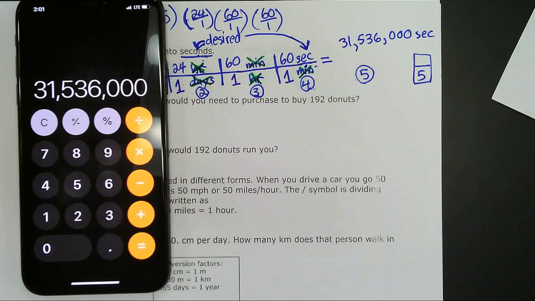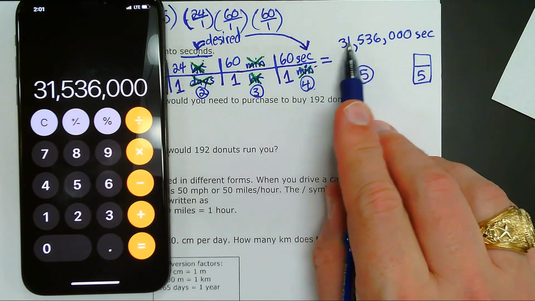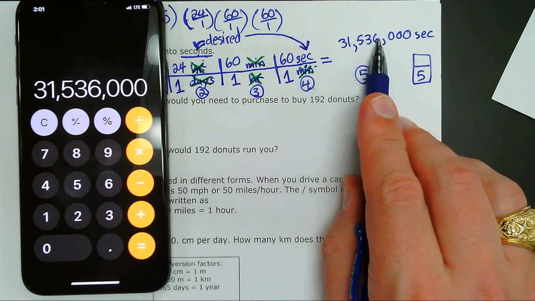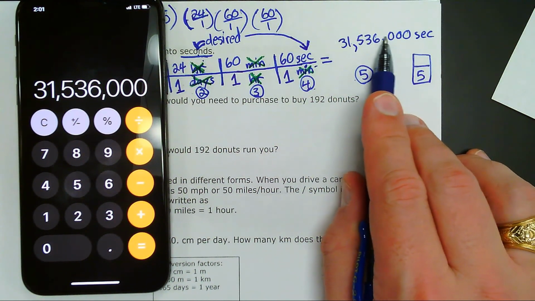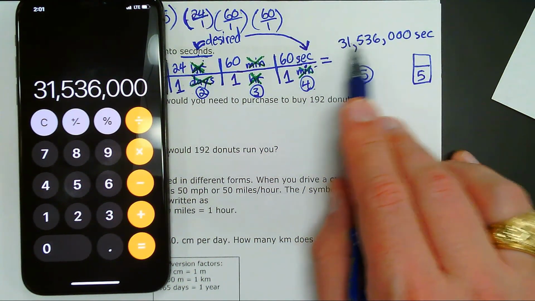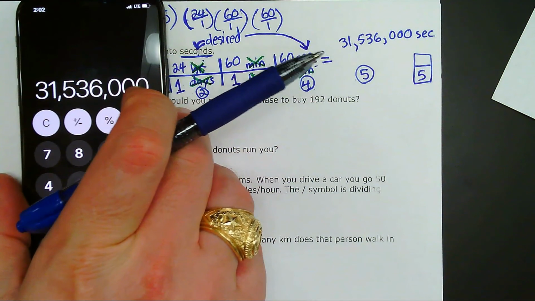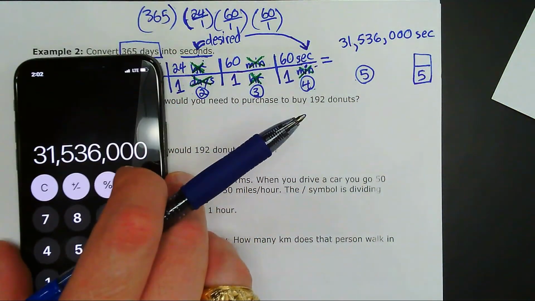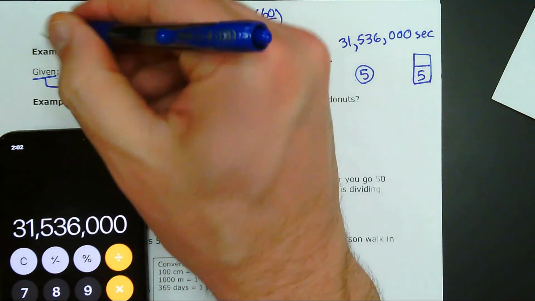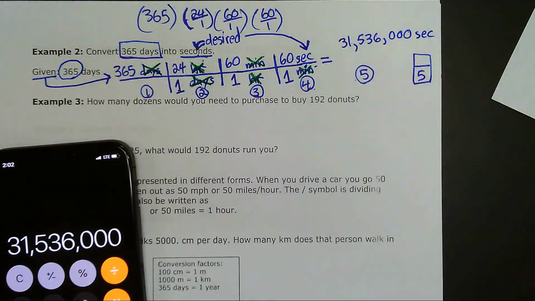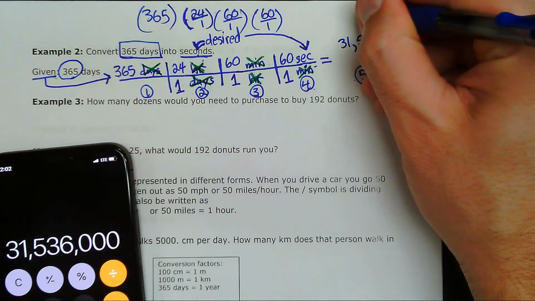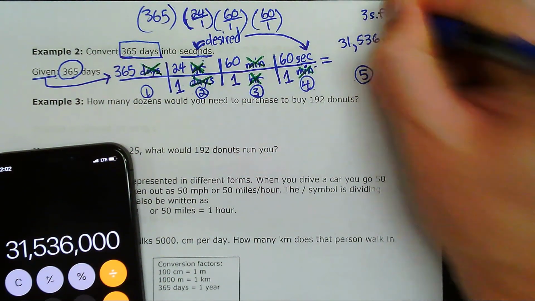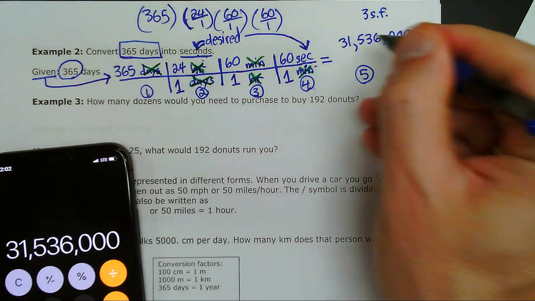No, I didn't. Right now we have 1, 2, 3, 4, 5 sig figs. These zeros don't count because there's no decimal. So I would count from this direction, and yeah, these are 5 sig figs. How many sig figs do I want? Well, how many sig figs did we start with? This number here has 3 sig figs, so I want my final answer also to have 3 sig figs.